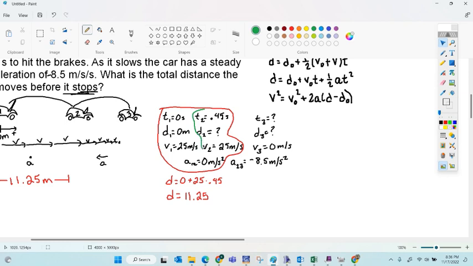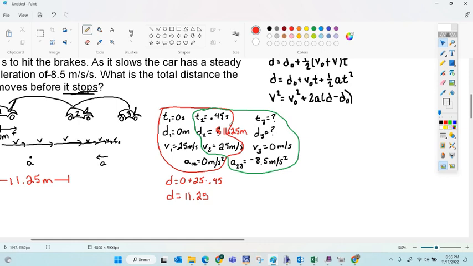We actually now have a bit more information as far as where it started. If we notice, 11.25 meters is right here where the car is now. So we can now get rid of this question mark and say that it's at 11.25 meters here. And we're trying to figure out where it is at the end of its motion.